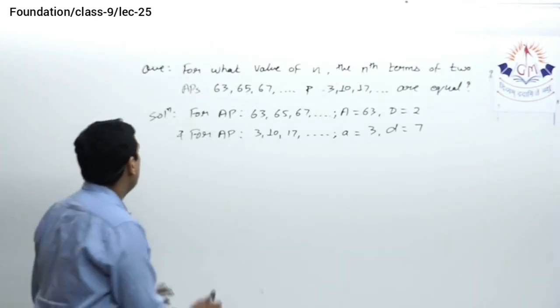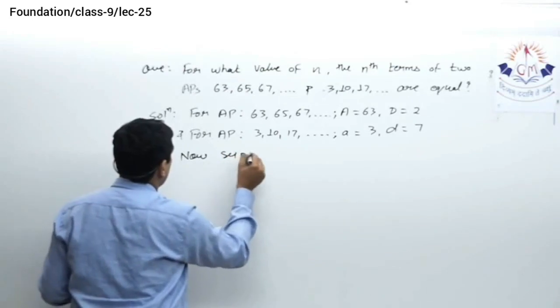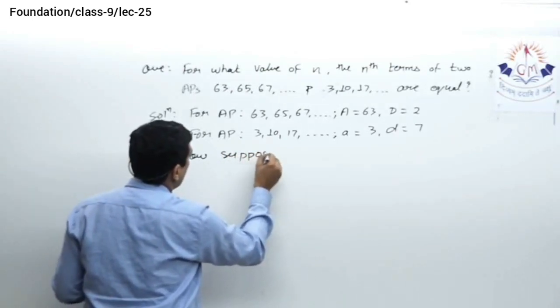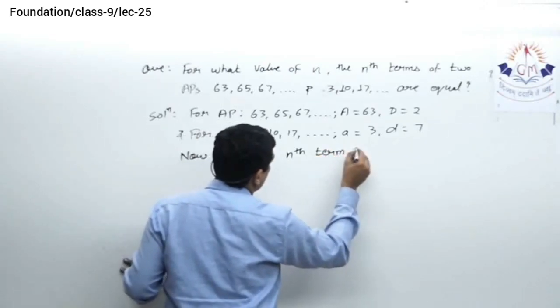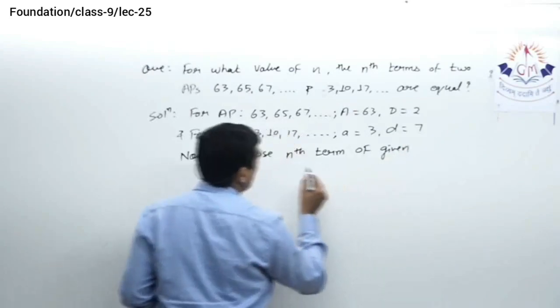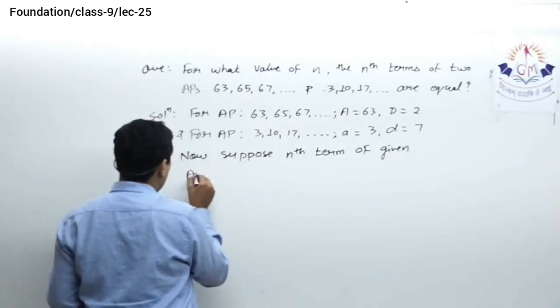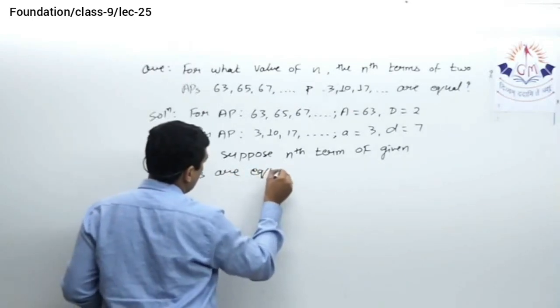Now suppose the nth terms of the given APs are equal.